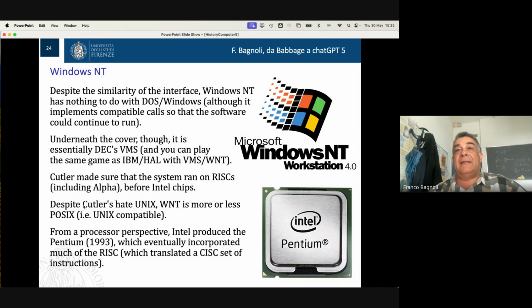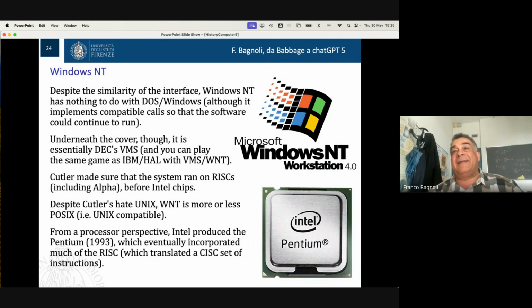Clearly Cutler hated Unix, because, as I shall explain in a few moments, Unix was developed essentially from a base of hackers who implemented the various portions. Then it was integrated in some big assembly like System 5 or Berkeley Unix.